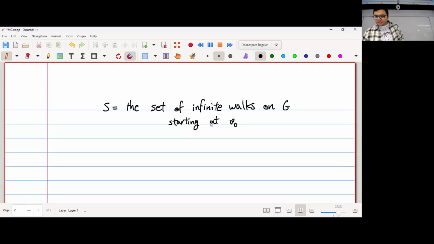So consider this graph, I have 0 and I have 1, and I have all the possible edges. The set of infinite walks on this graph is the set of infinite sequences of 0 and 1, which we've seen is not countable. So in general, my sample space is not going to be countable.